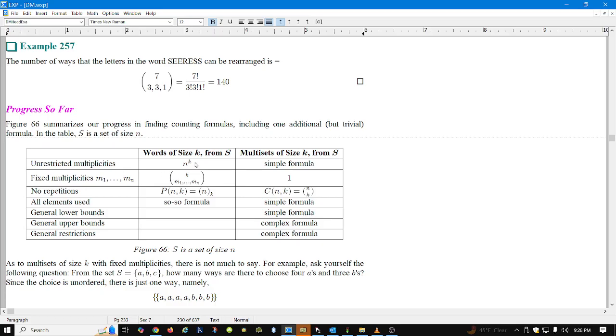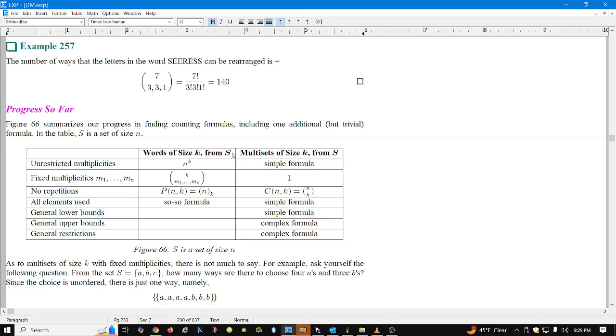There are n to the k such words. This comes directly from the fundamental counting principle or multiplication rule. The words of size k from a set of size n with fixed multiplicities we've just discussed. That's the multinomial coefficient.